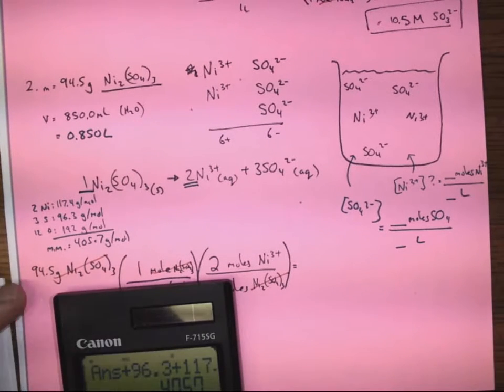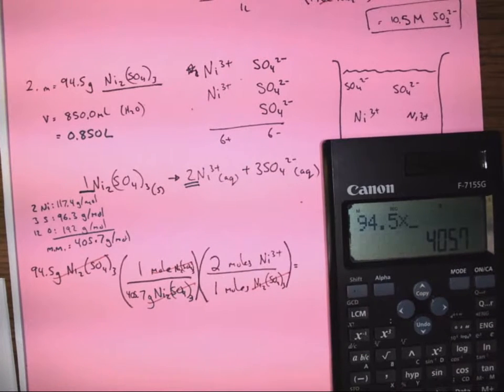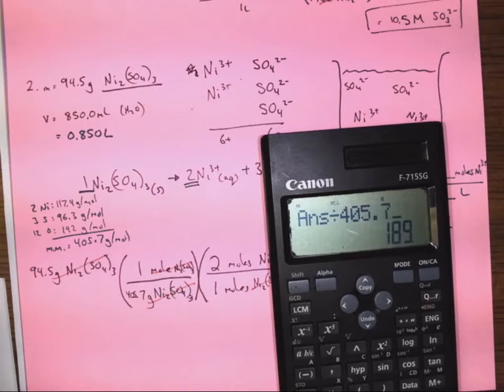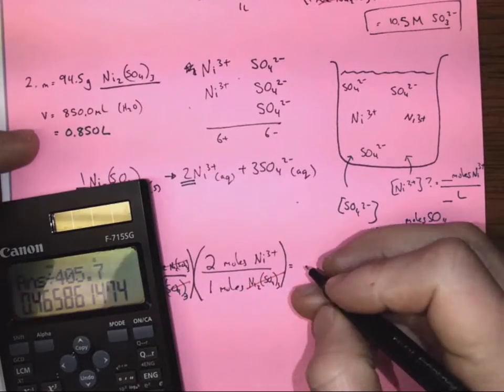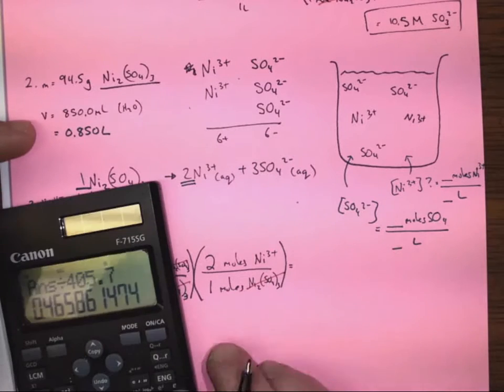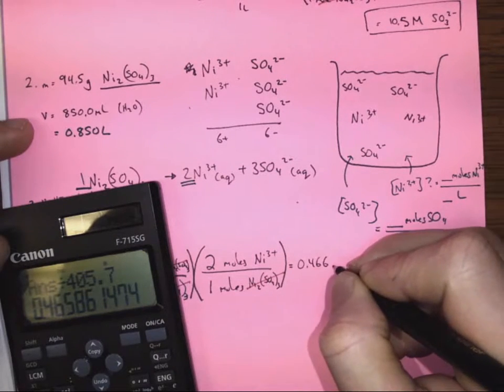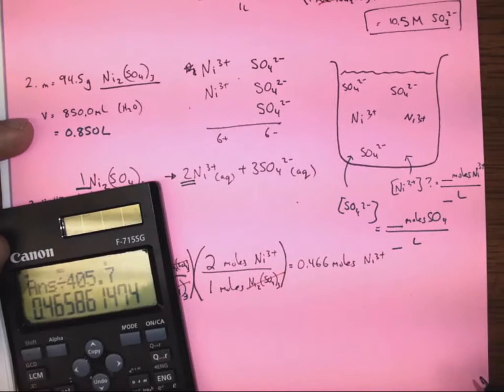So that tells me that I end up with 94.5 times 2 divided by 405.7, which is 0.466 moles of nickel 3 plus.